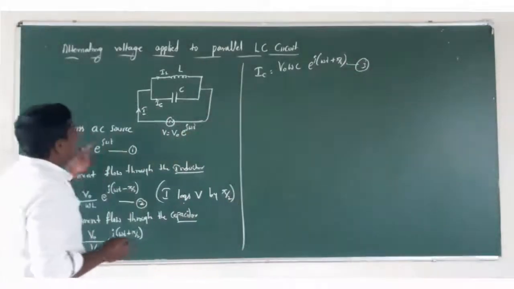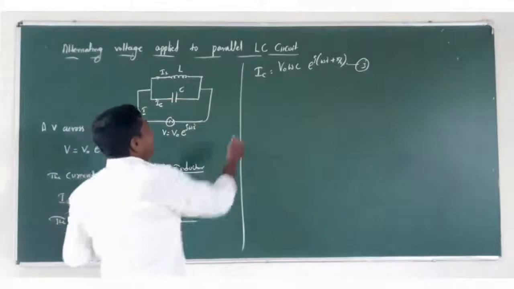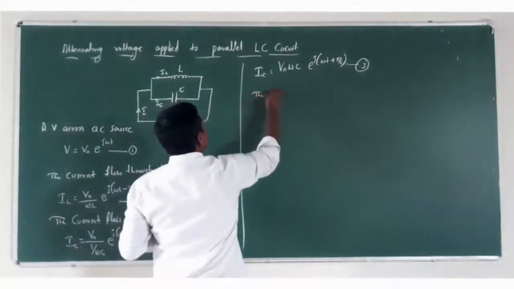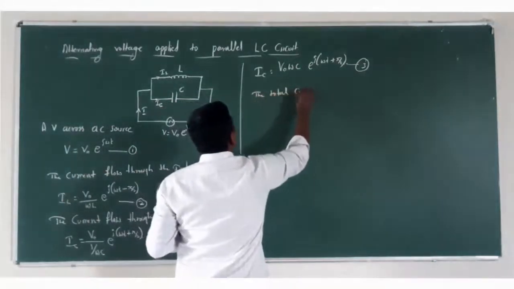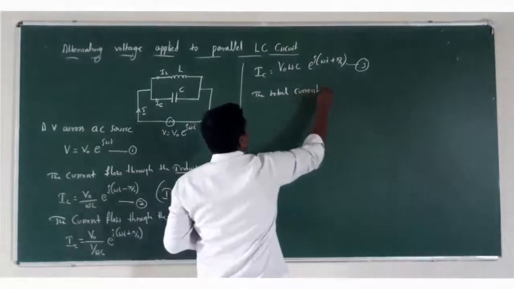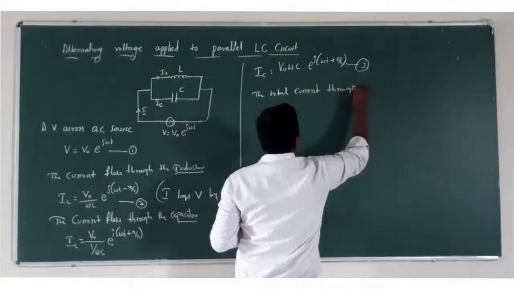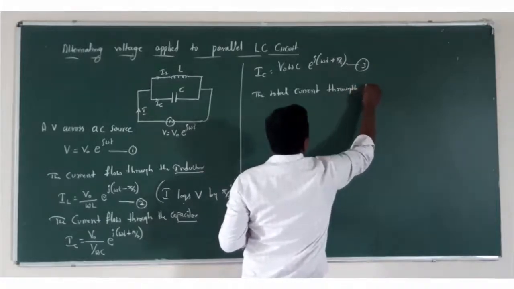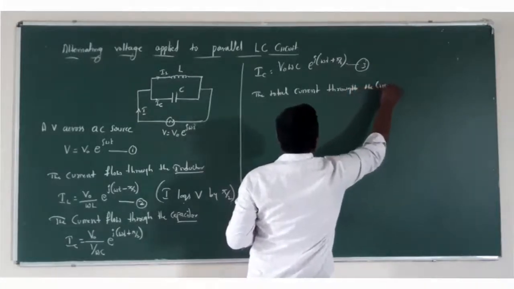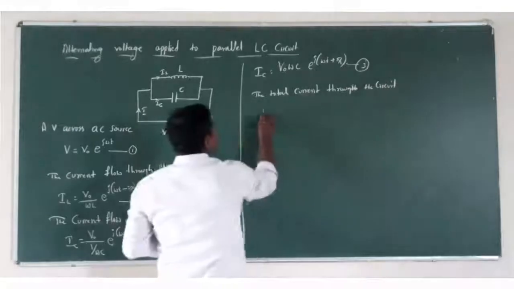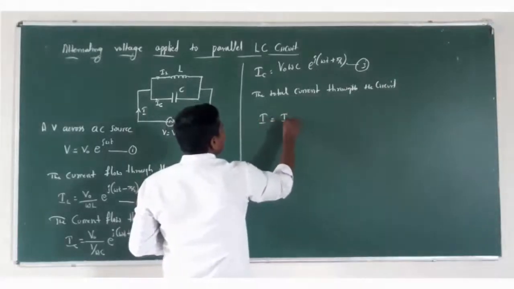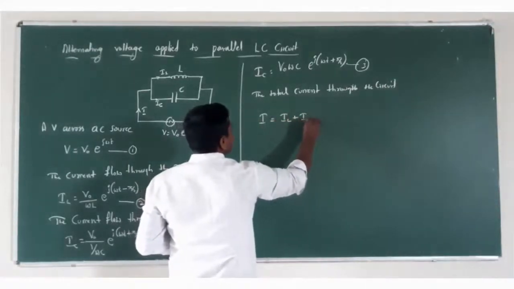Now, the total current through the circuit can be written as I is equal to IL plus IC.